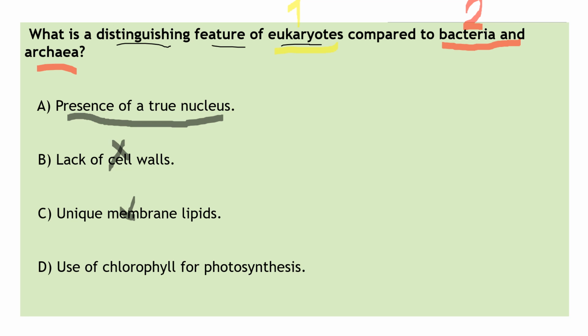Maybe you don't know what the membrane lipids of archaea or bacteria are. And it's not the use of chlorophyll for photosynthesis. So you know those maybe are not the answer. At the level of elementary school and high school, this is pretty easy.